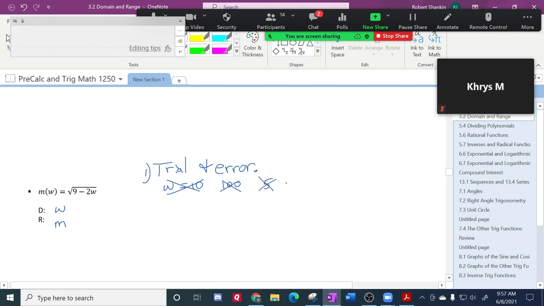But when I get down to 4, it works. And 3 works. And take it all the way down even to negative numbers. Negative 5, that's going to give me positive 10 plus 9 is 19. That works. All right, so I'm going to say W is less than or equal to 4.